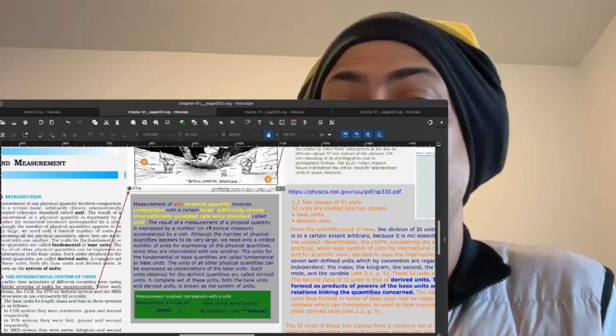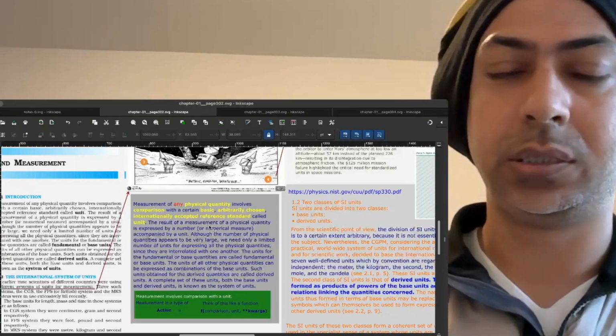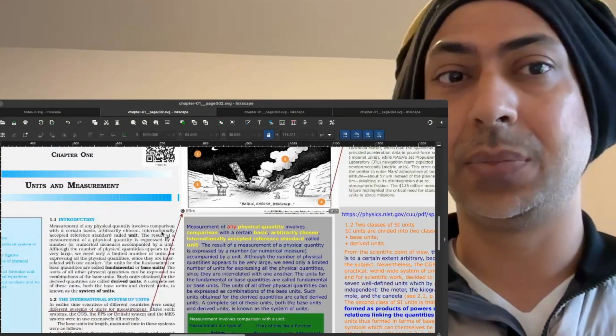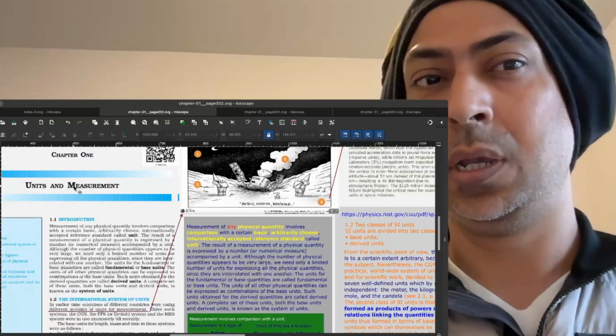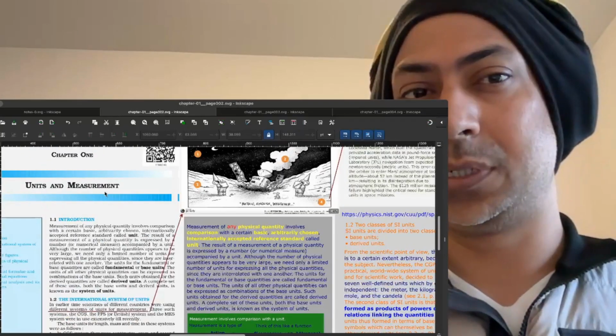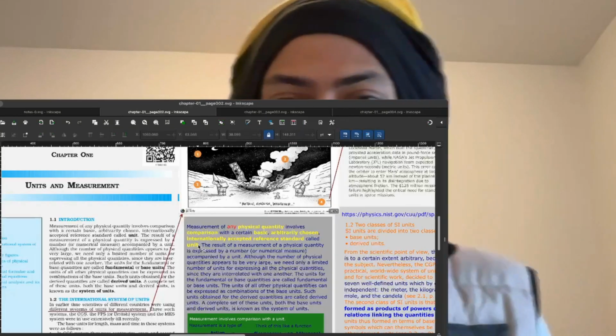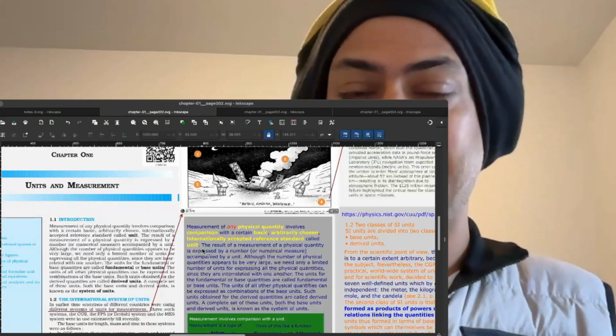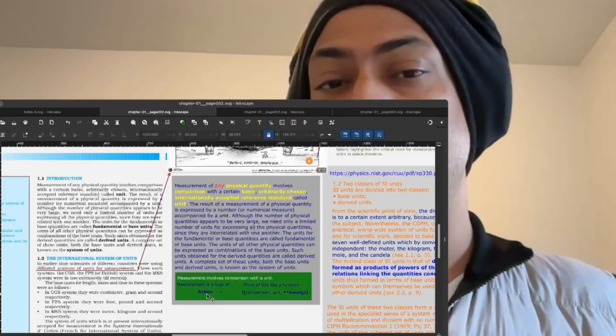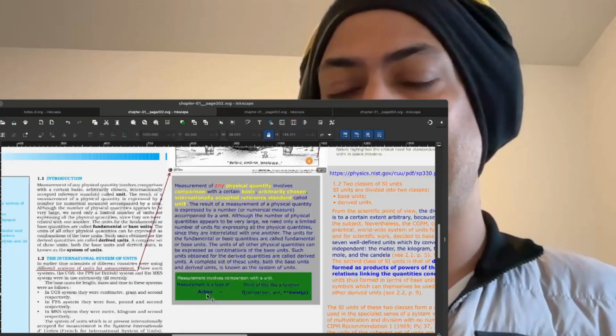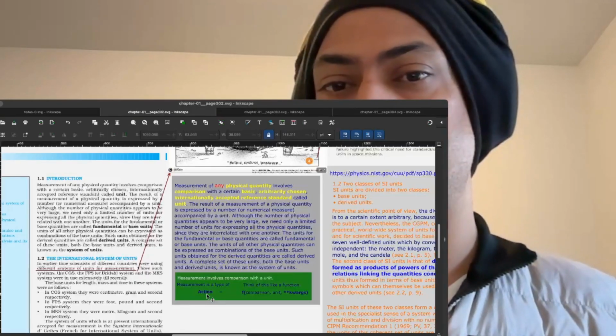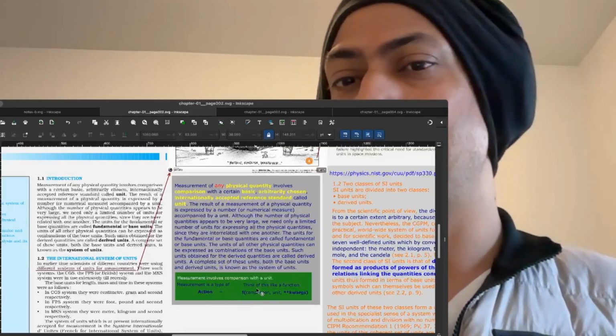Focusing on the action verb here, the chapter name itself is measurement. So units and measurement. In this sentence, both are captured, measurement and unit, and the action of measurement is described as an action of comparison. So think of this like a function.